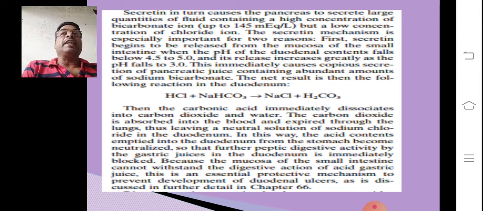First, secretin begins to be released from the mucosa of the small intestine when the pH of the duodenal content falls below 4.5 to 5.0, and its release increases greatly as the pH falls to 3.0. This immediately causes the copious secretion of pancreatic juice containing abundant sodium bicarbonate.